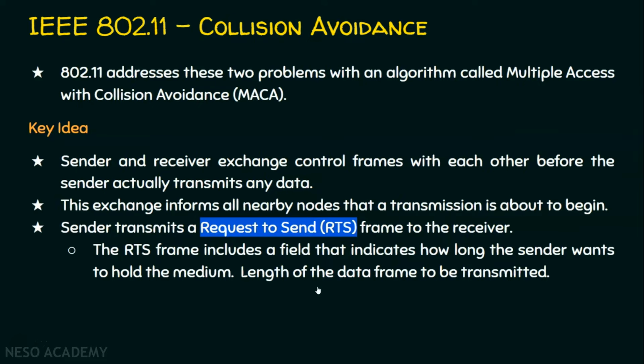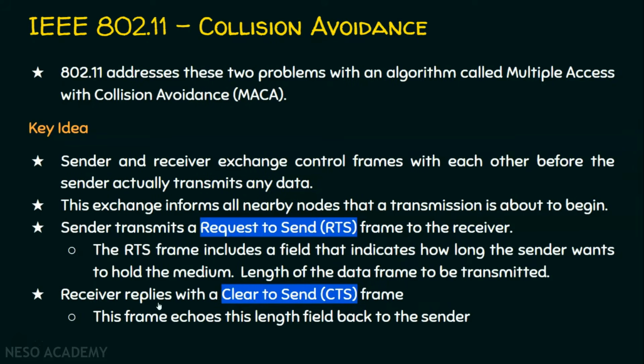Before transmitting the data, the sender will first send the RTS frame. This RTS frame will be known to all the participants in the coverage area. And this RTS frame has a field which says how long the sender, that is the transmitter, is going to hold the medium. And what will the receiver do? The receiver replies with a CTS frame. If the receiver gets the RTS and is okay with the transmission, then the receiver replies to the sender with the CTS, that is clear to send.